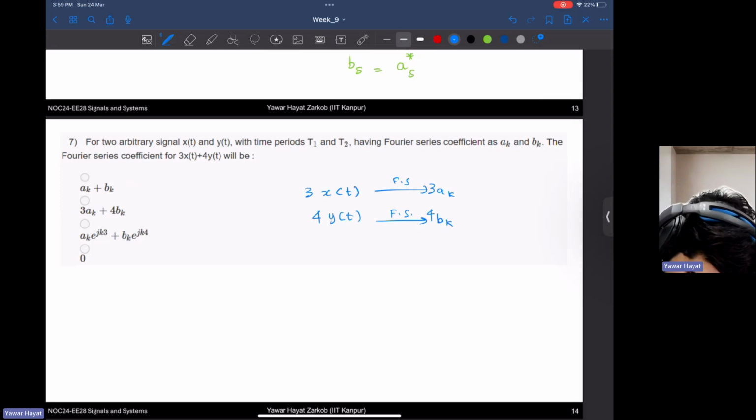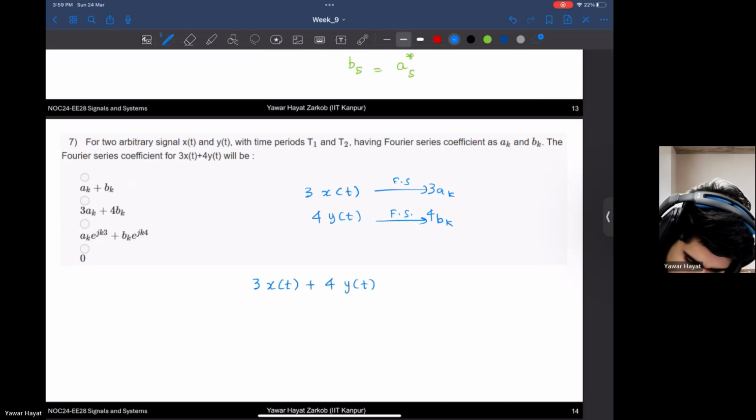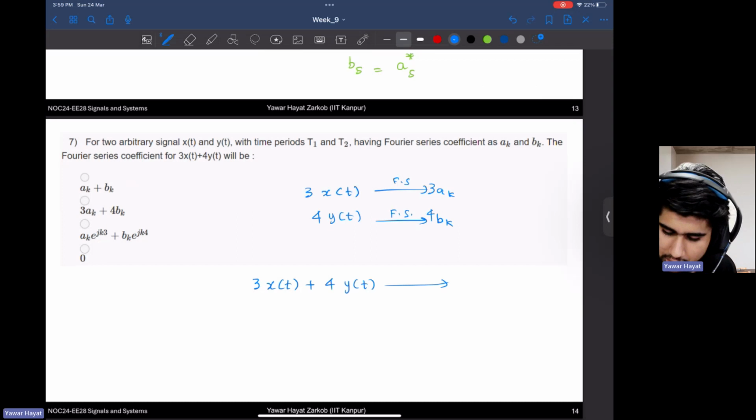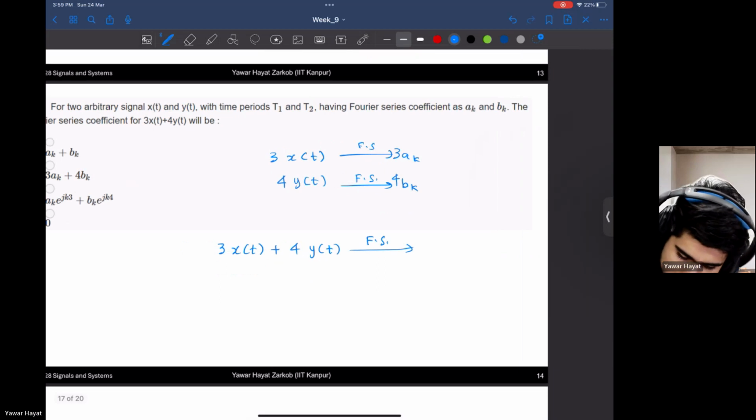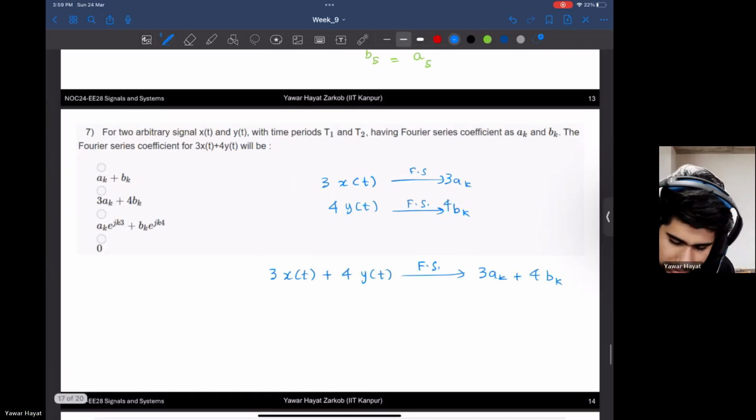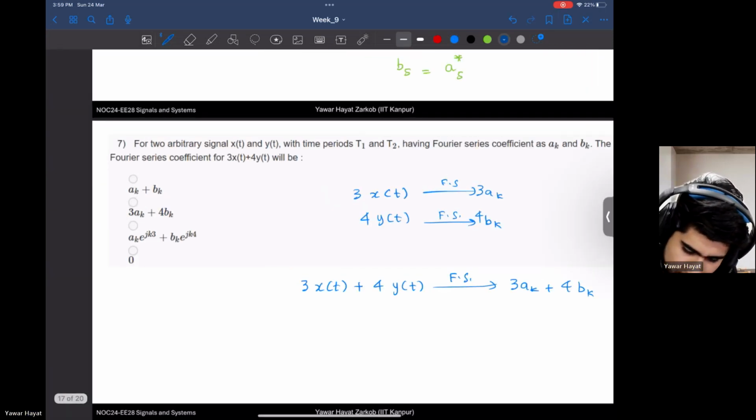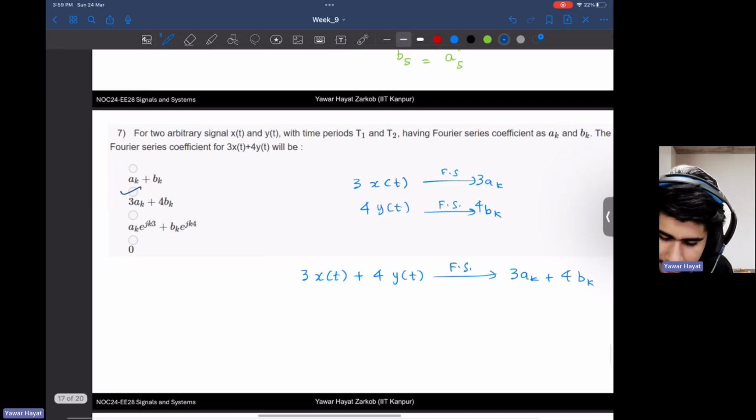So I can write 3 times x of t plus 4 times y of t. The Fourier series coefficient of this resulting signal would be the superposition of 3ak and 4bk. So 3ak plus 4bk. Simple. Option B is correct.